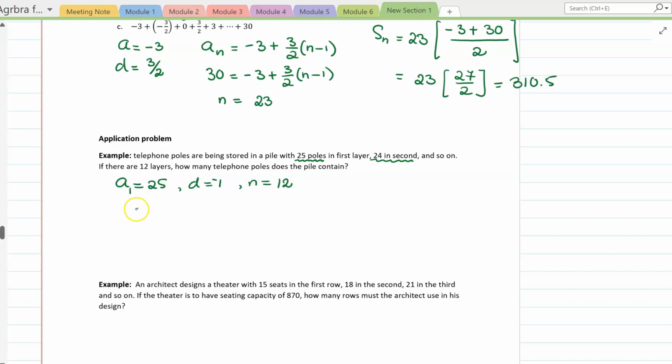So we find the partial sum of the first 12 terms of the sequence.